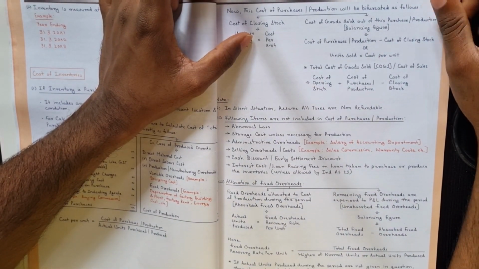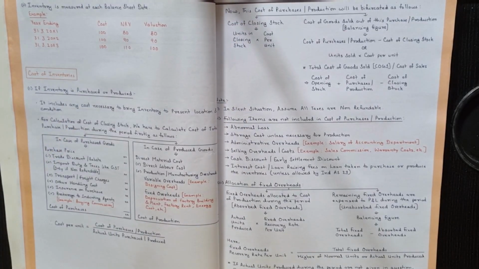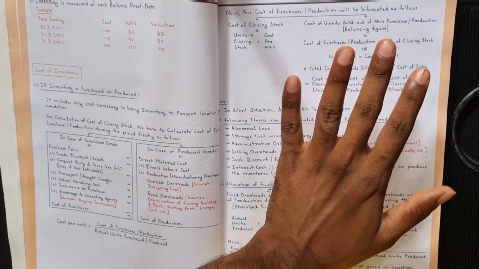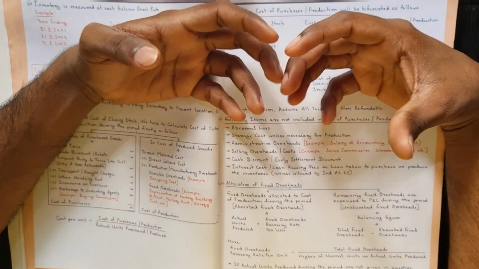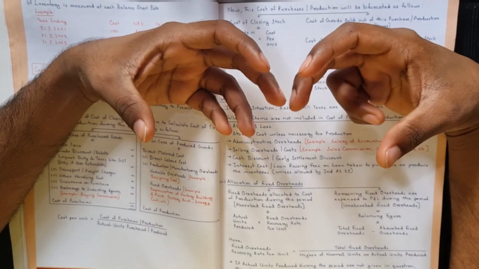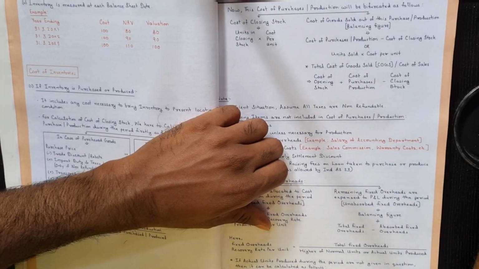So out of this purchase or production, cost of goods sold means the amount which is sold. The number of goods which are sold, what is the cost of it?